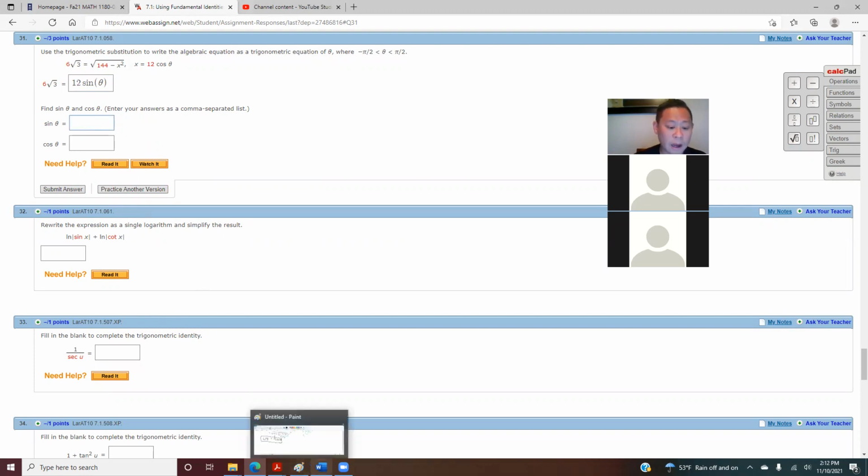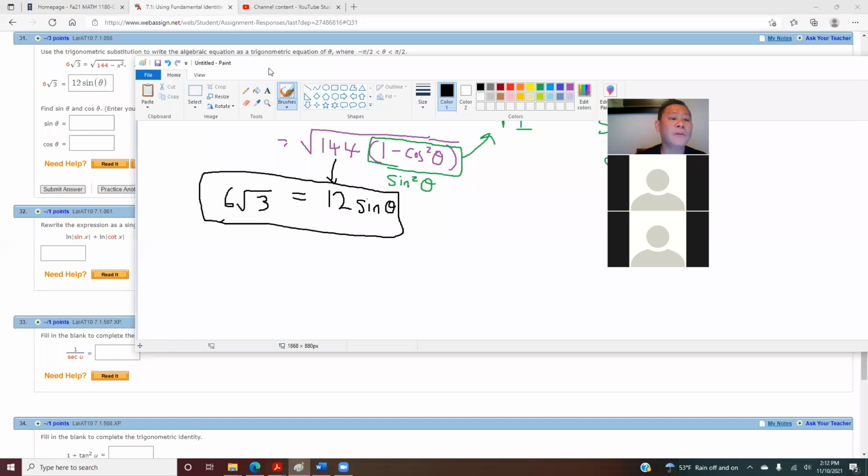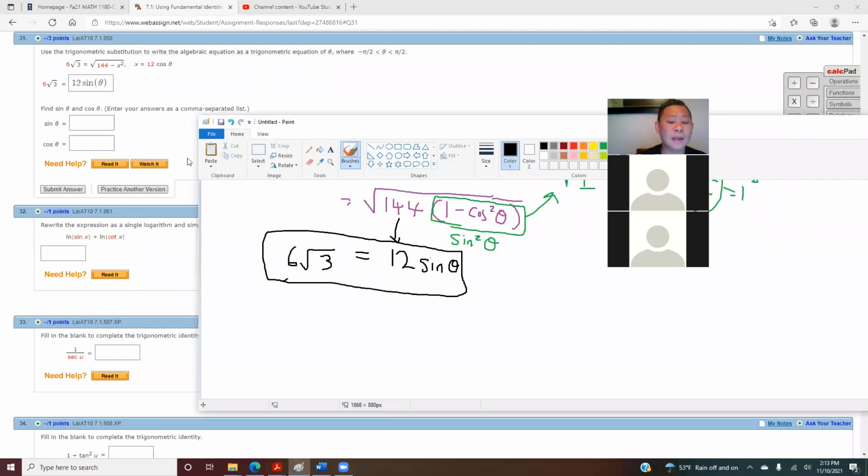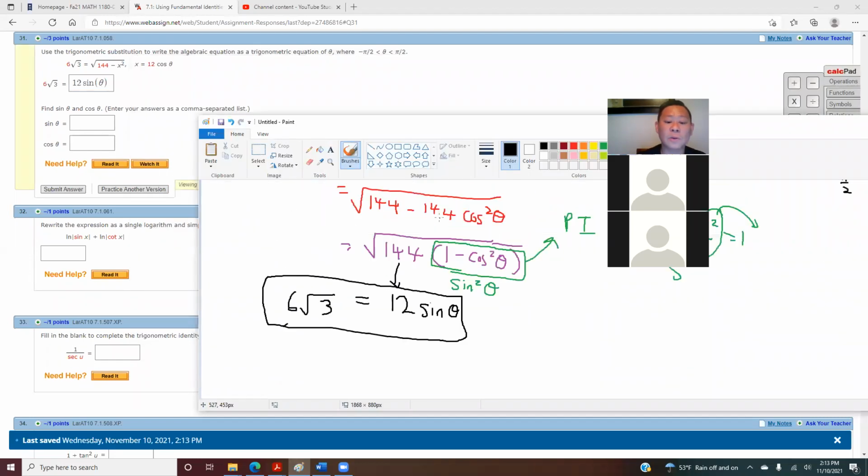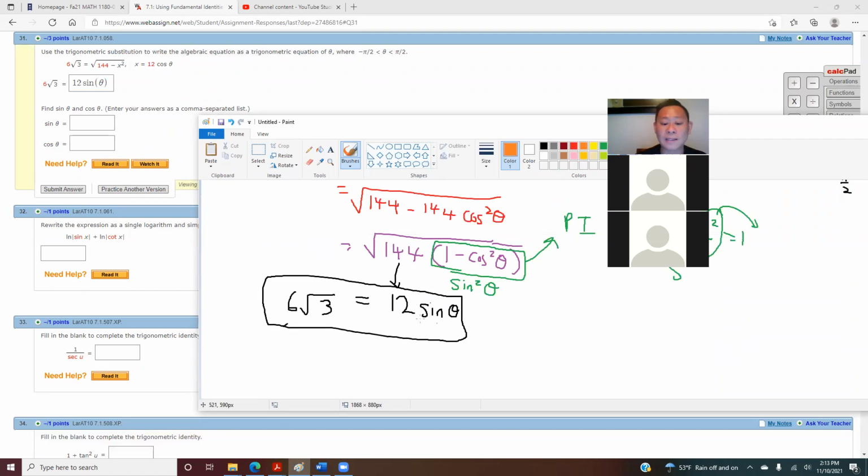Now you need to find the sine and cosine theta for this case. This is easy. In order to find sine theta, you just divide this by 12. So sine theta in this case will become, this will cancel, square root of 3 over 2.